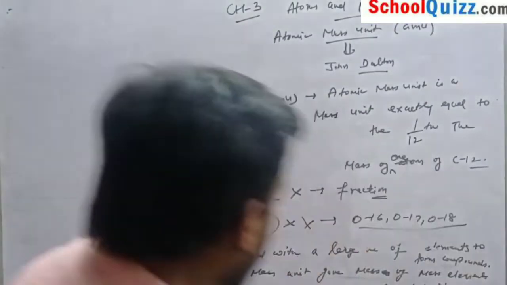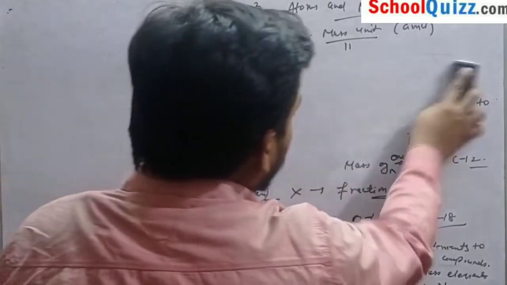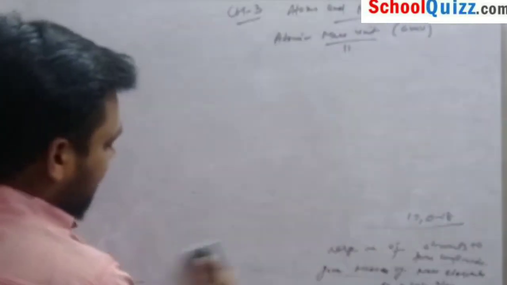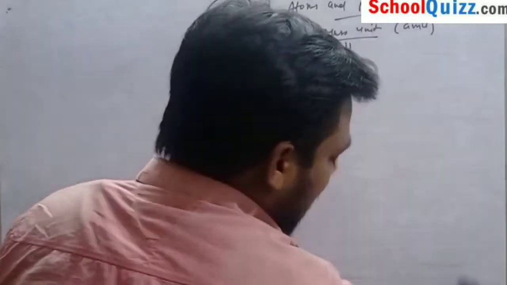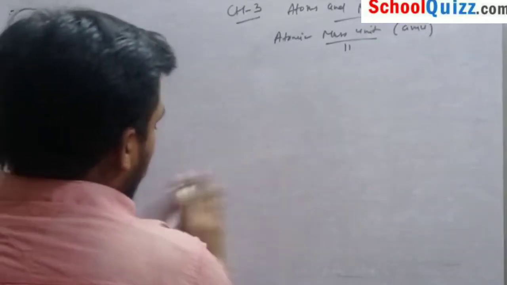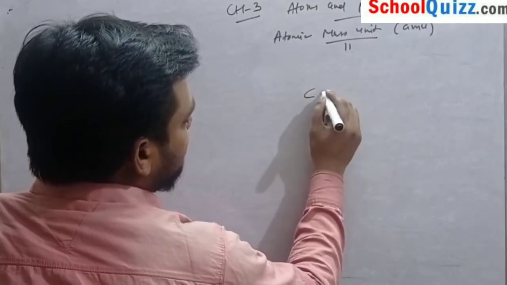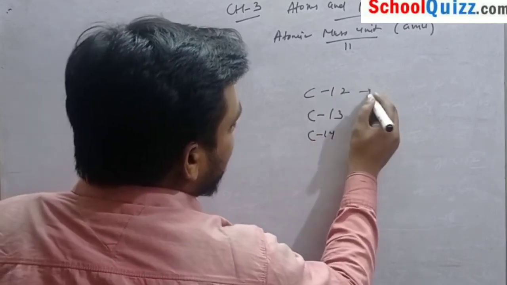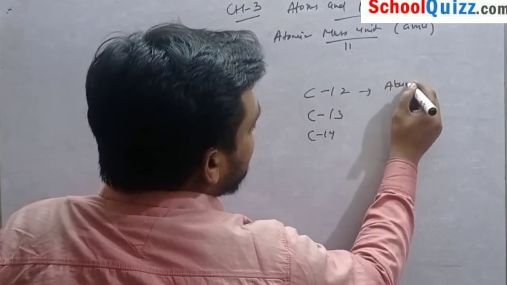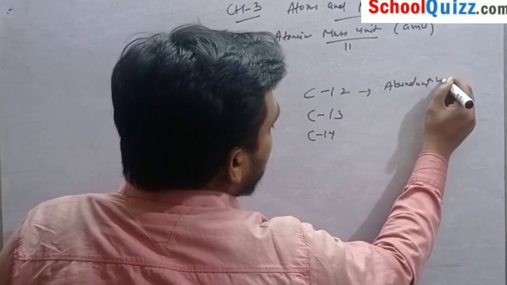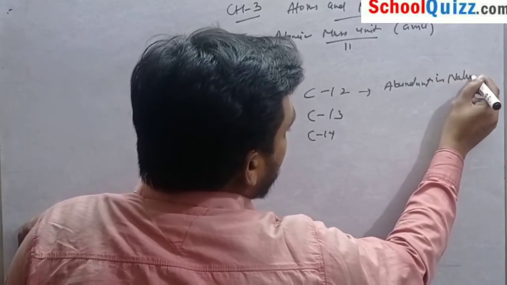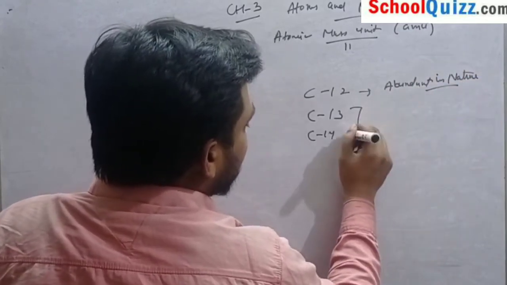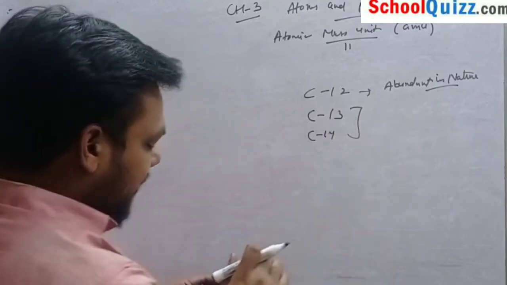So now the question arises, why was the C12 carbon atom taken? As we know, carbon exists in three isotopes: C12, C13, and C14. C12 is abundant in nature, whereas the abundance of the others is very less.